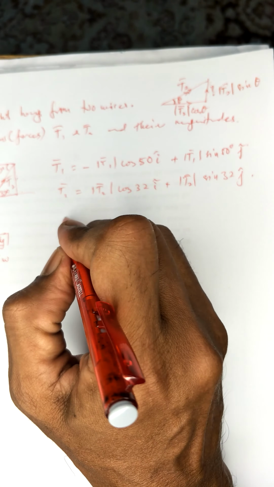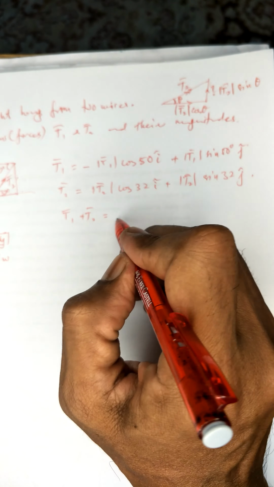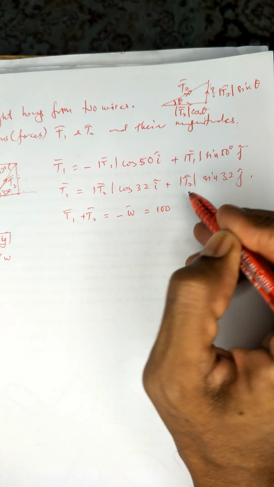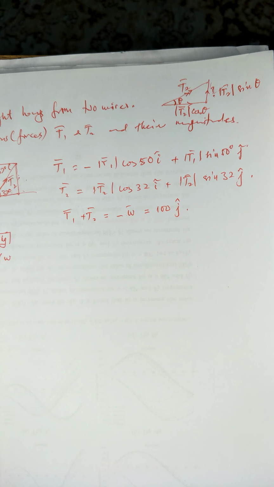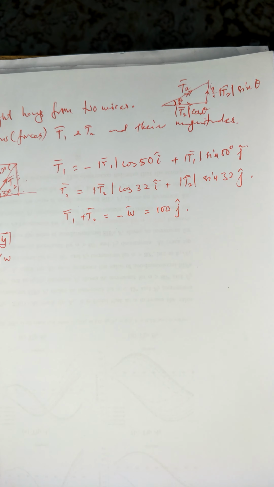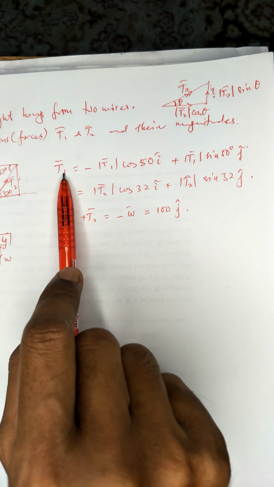So we have T1 plus T2 that gives you minus W. This is 100 in the direction of J.